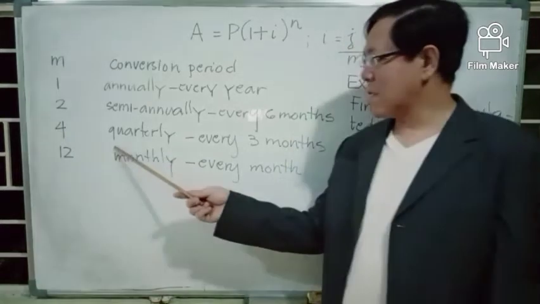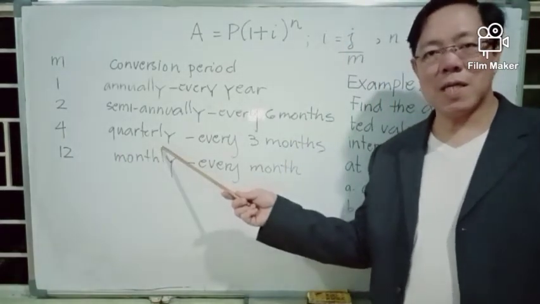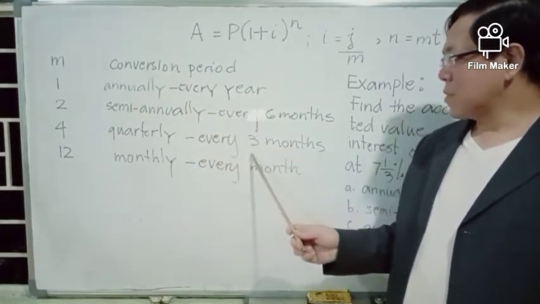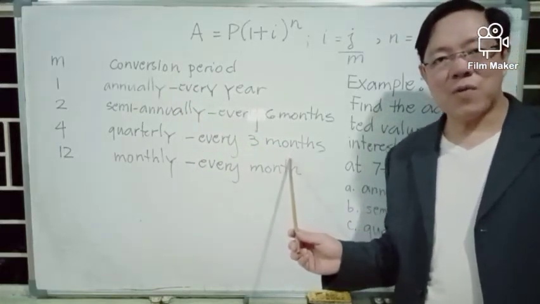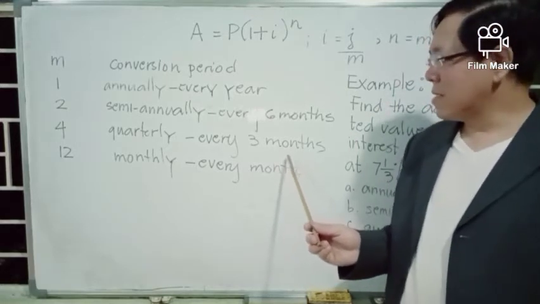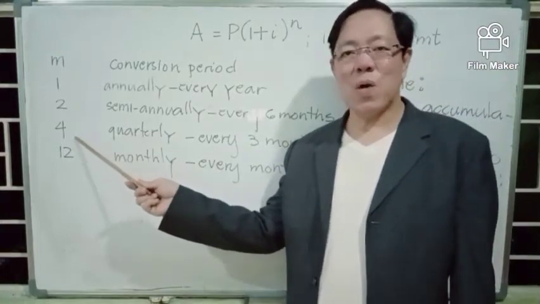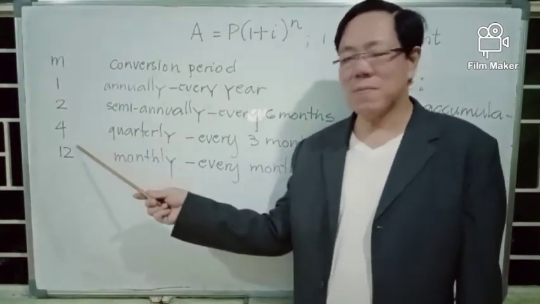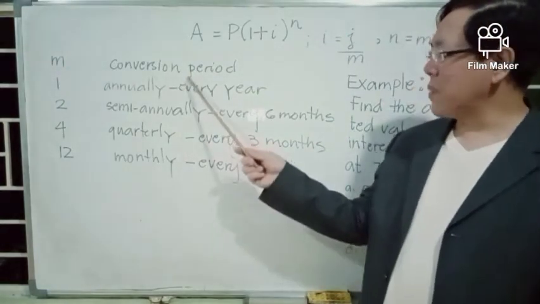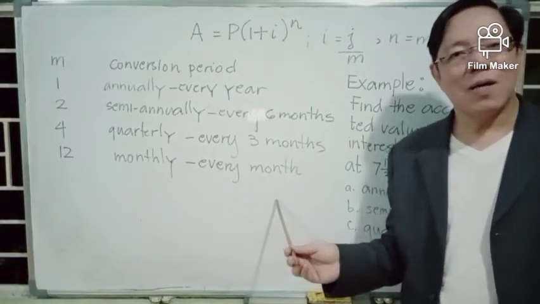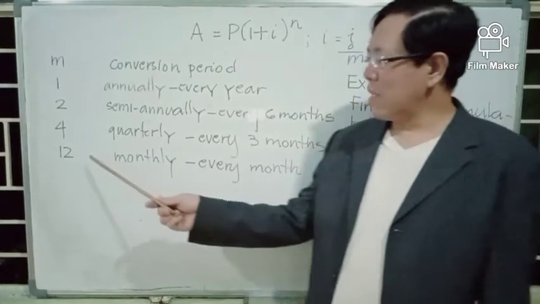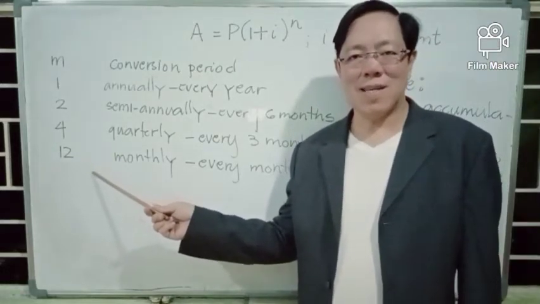If it is compounded quarterly, the conversion period is 3 months. That means the amount of interest will be computed every 3 months, and that would be 4 times in 1 year. M is equal to 4. If it is compounded monthly, the conversion period is 1 month, which means that interest will be computed every month, or equivalently 12 times in 1 year.